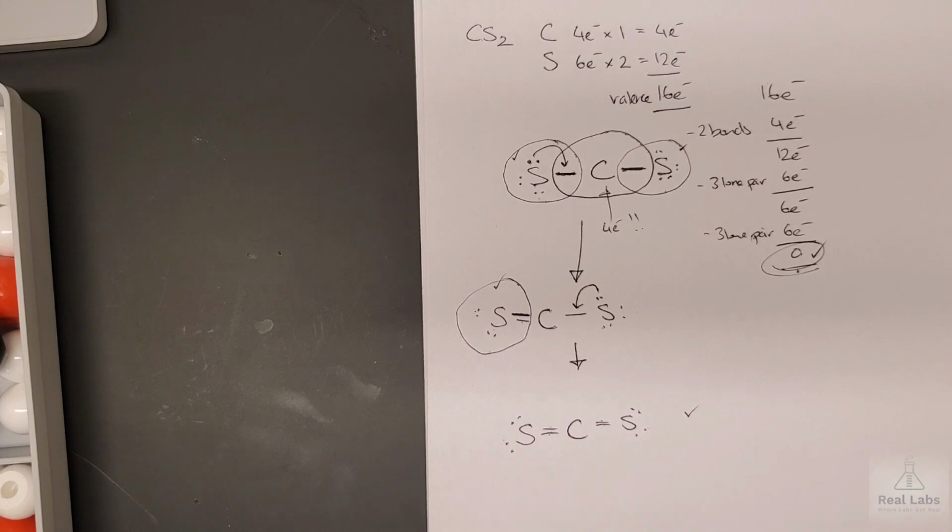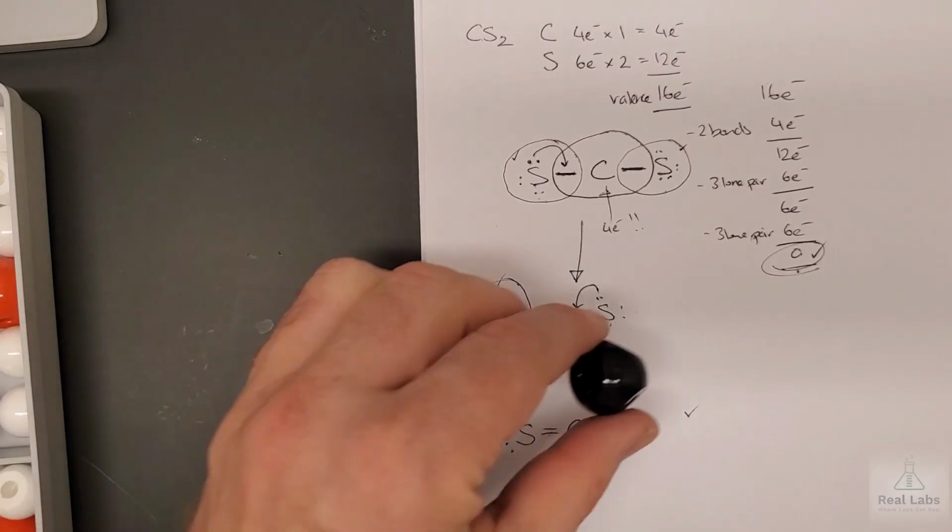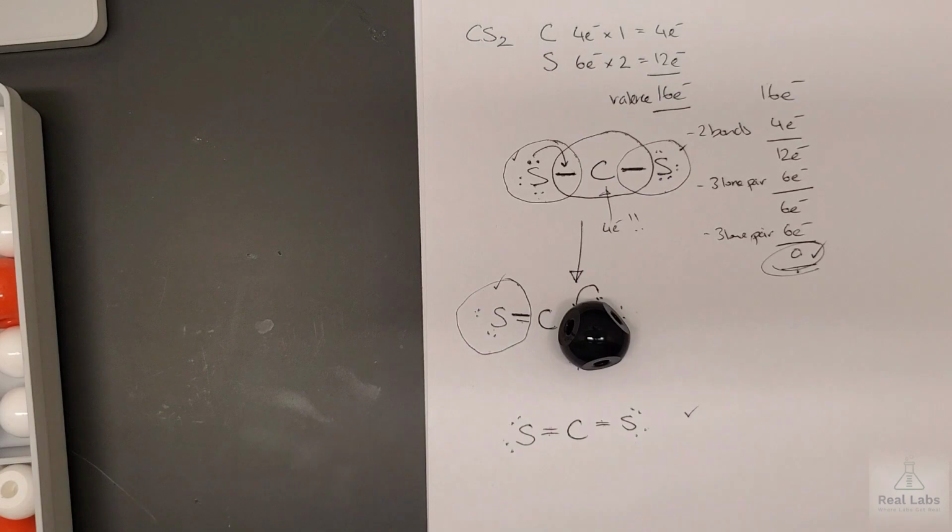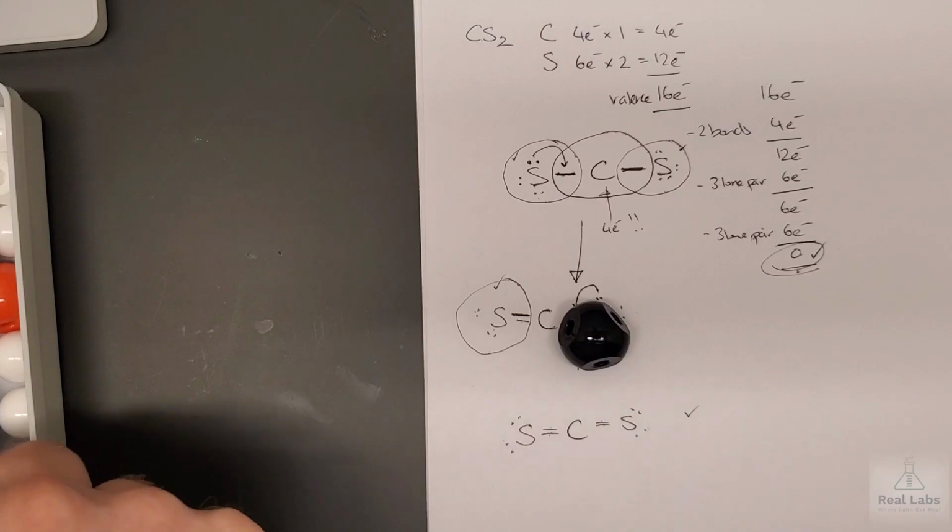Now, what does this look like on a molecular geometry? So if I take my carbon and if I want to create double bonds, so I'm going to use the reds to represent the sulfur. Actually, you know what? Let's use the yellows.